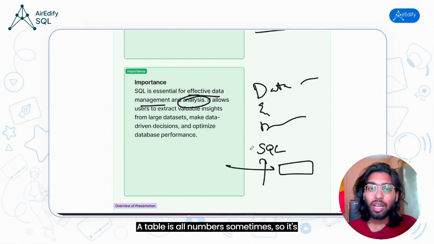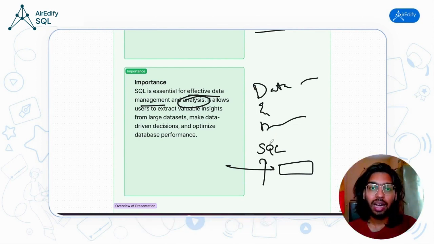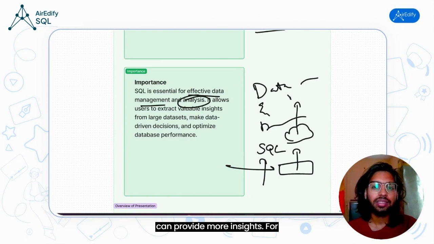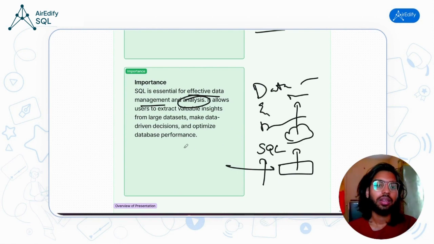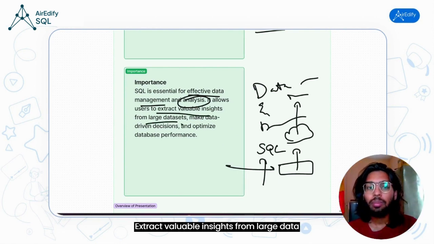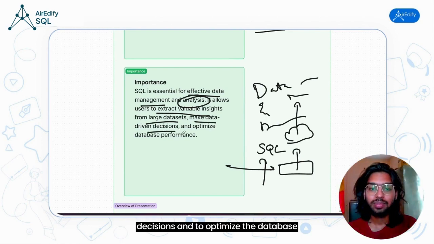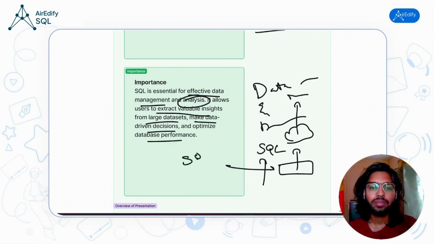A table is all numbers sometimes, so it's our understanding that makes meaning out of those numbers so that we can provide more insights. For that purpose, we'll be using SQL. We extract valuable insights from large data sets to make data driven decisions, and we use SQL to optimize the database performance.